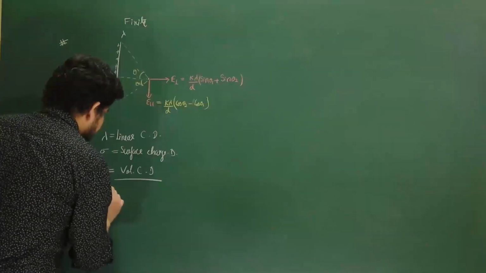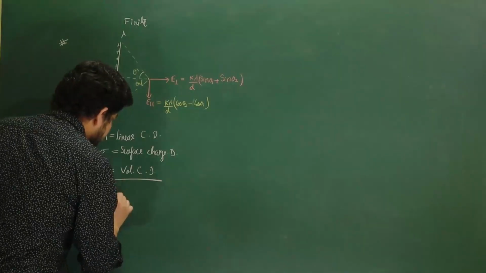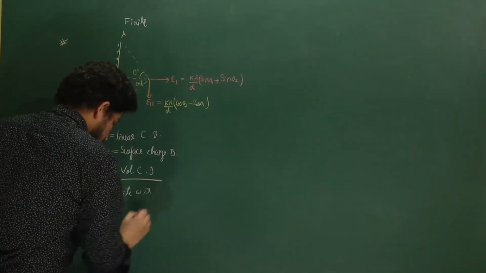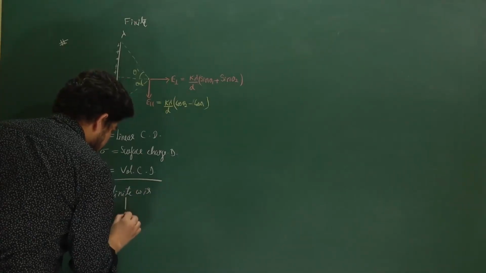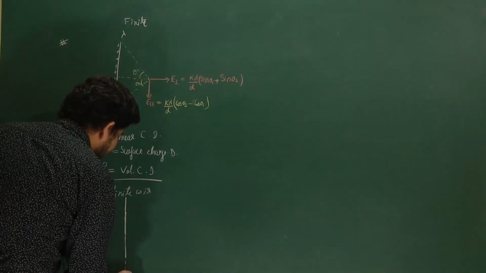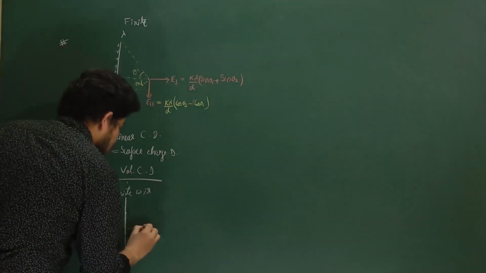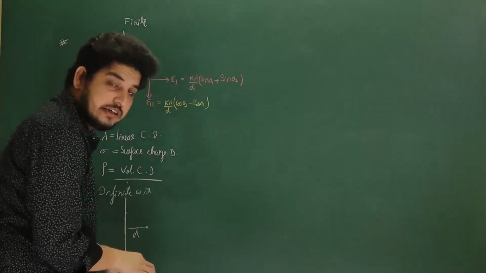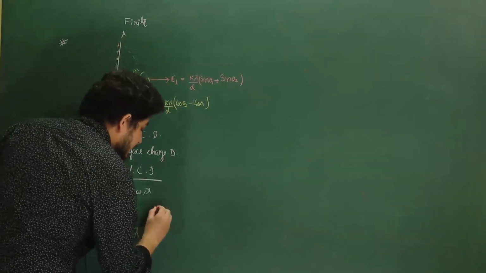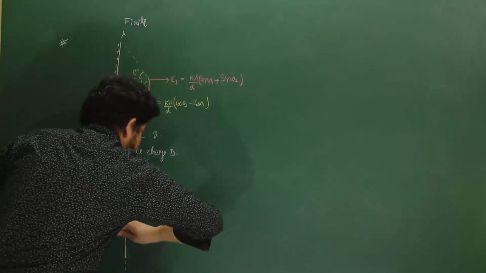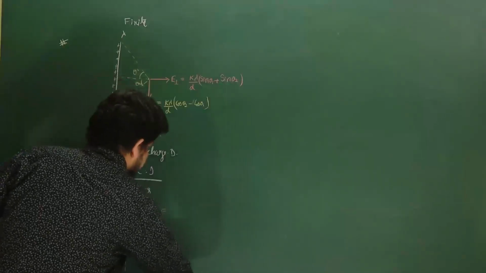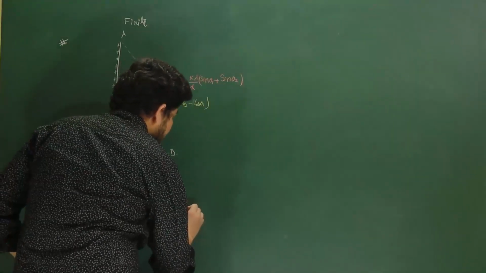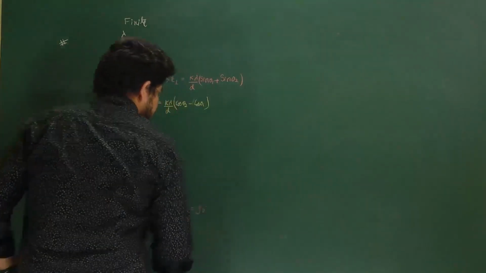Let's suppose we have an infinite wire. An infinite wire means a wire having no ends. At this point, if this distance is d, then the upper angle theta 1 keeps increasing and goes to approximately 90 degrees. Similarly, theta 2 is also approximately 90 degrees.